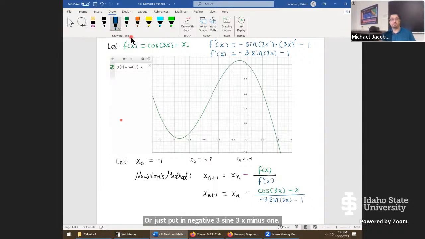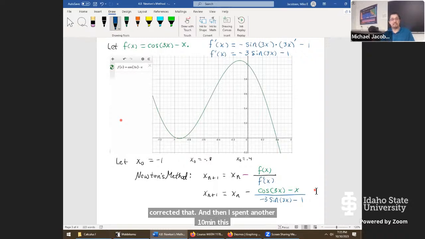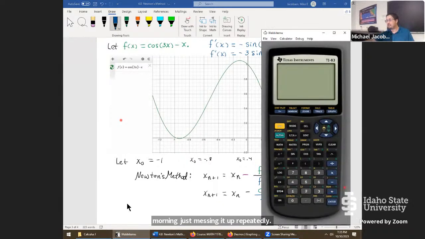And I did practice this problem this morning, since these are problems that you don't want to screw up on the calculator in front of everybody in class. That's not a great use of time. But when I practiced this morning, it took me a lot of tries to get this one right. I messed it up putting in the calculator first. I corrected that. And then I spent another 10 minutes this morning just messing it up repeatedly. This is what I messed up in my calculator.